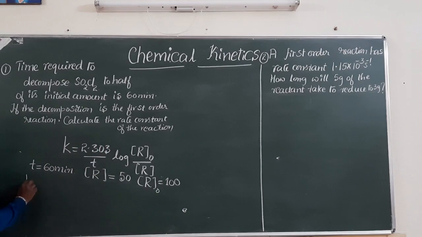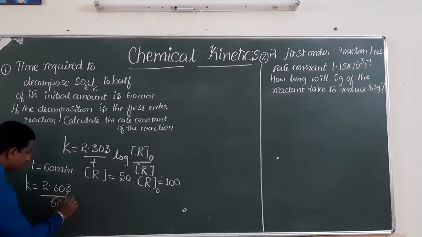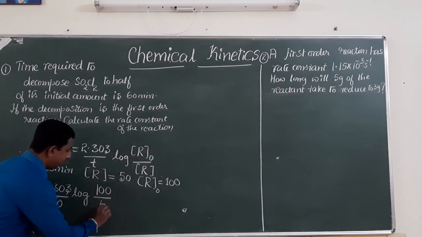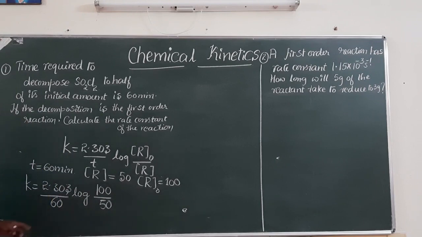So k is equal to 2.303 by t. What is the value of t? t is 60, log R naught is 100 by R value 50. 100 by 50 is 2, correct?